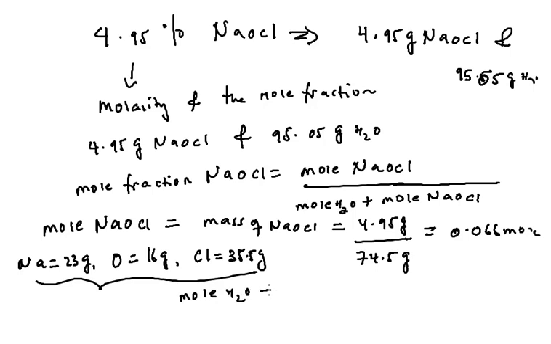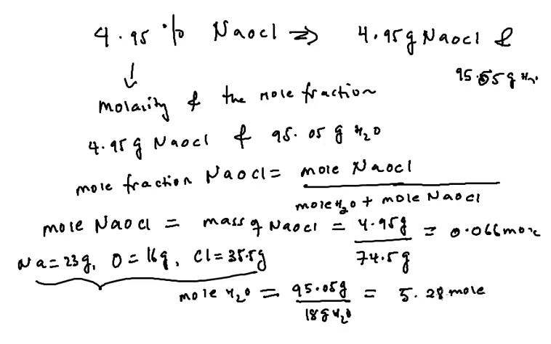The moles of water is the mass of water, which is 95.05 grams, divided by the molar mass of water, which is 18 grams per mole. That will be around 5.28 moles.